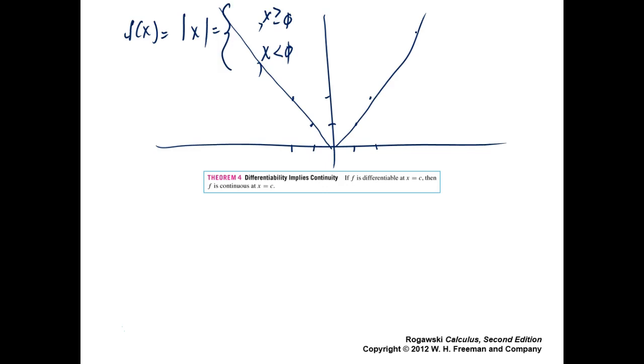What function would describe that line? Y is equal to x. The slope is 1. When x is 1, y is 1. When x is 2, y is 2. When x is 17 million, y is 17 million. So that's the first half of this function, equal to x. What is it on the other side of 0?